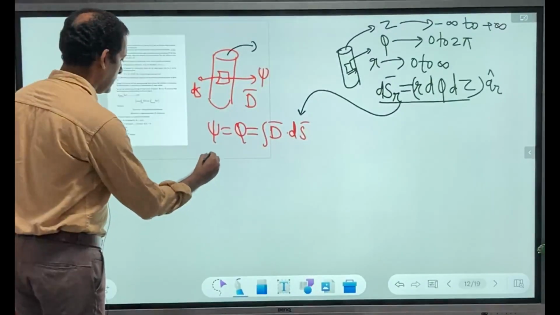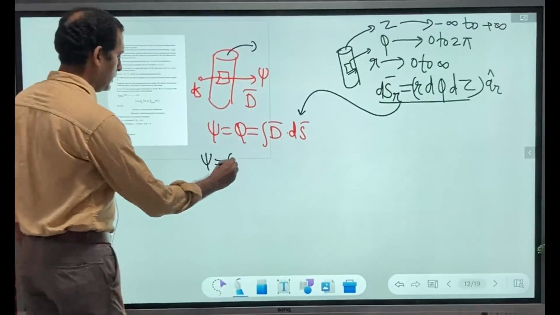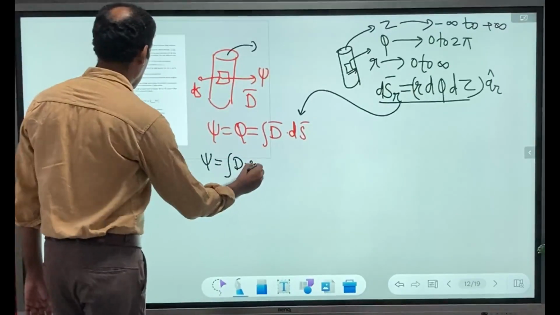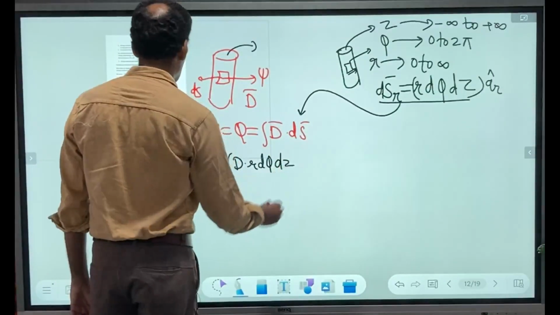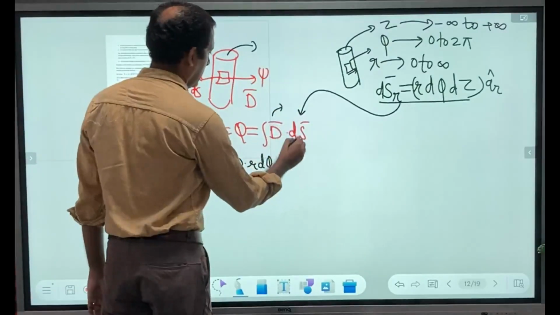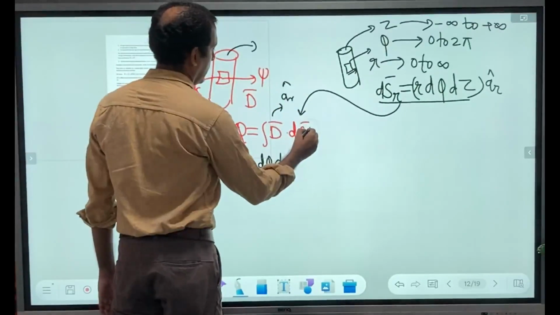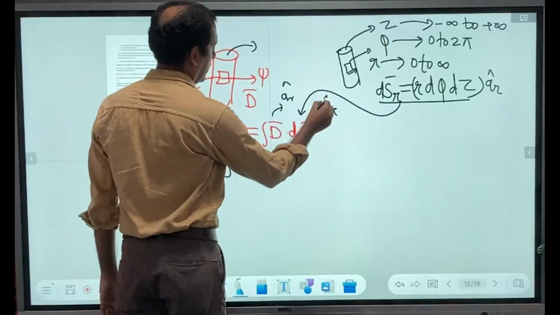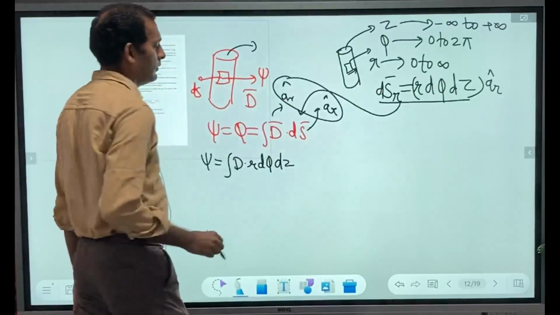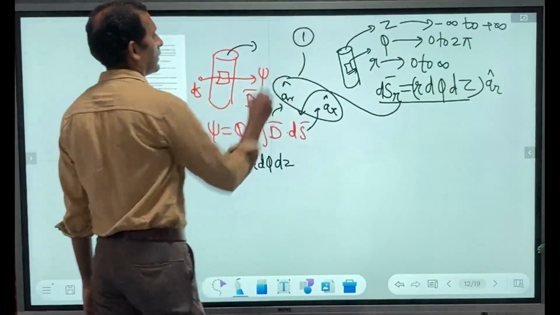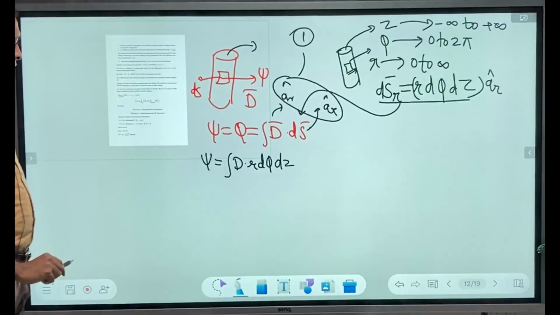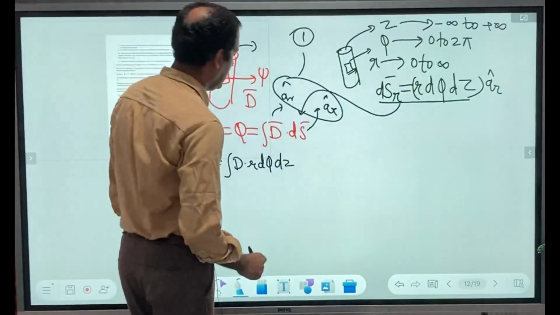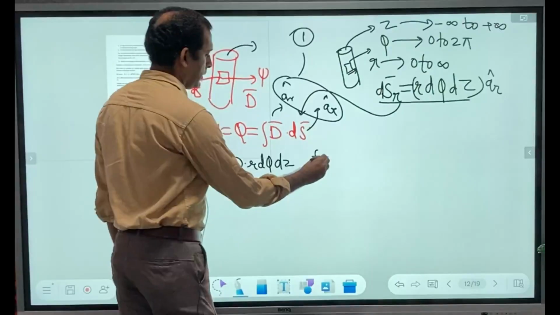So we'll have psi equal to D into r d phi dz. We'll have one aR cap for this and one aR cap for this. The dot product of both of them will become 1. So we'll write only this expression. Now what will be the limit for z? This is not an infinite line, it is finite.